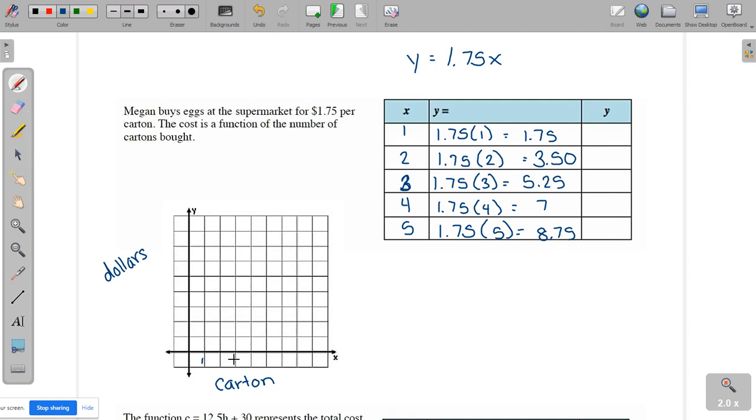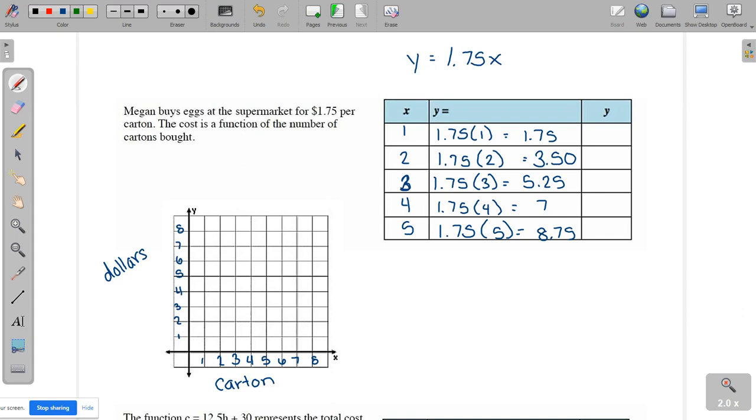So graph it. Let's have our cartons still be our normal increments. And we can go up normal too for our dollars. It won't be exact for the graph, but it will give us a nice shape of what it should be. So $1.75 for 1.